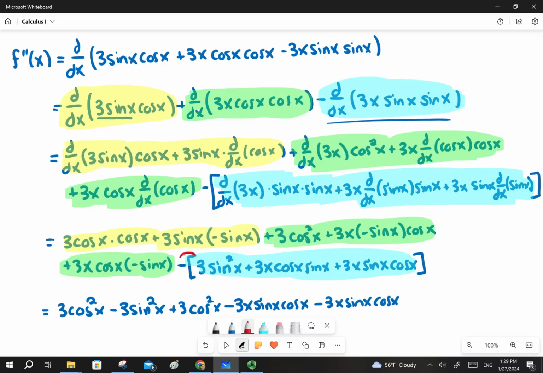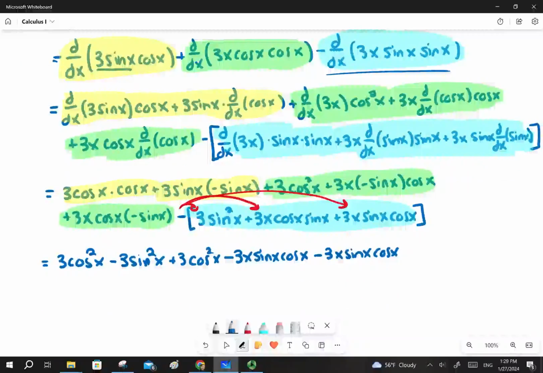And now I have to be careful to make sure that I distribute my negative sign through my last set of brackets. So I have minus 3 sine squared of x and then minus 3x sine of x cosine of x. I'm writing the factors in a different order.